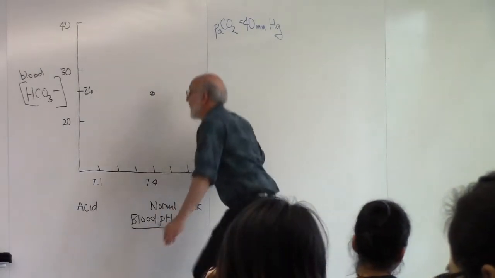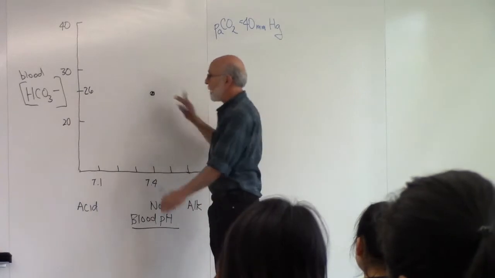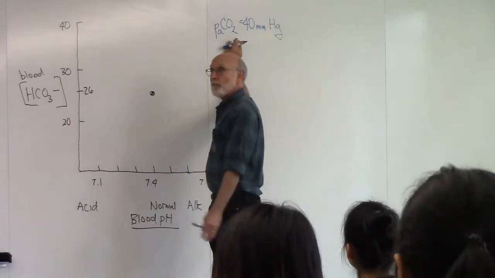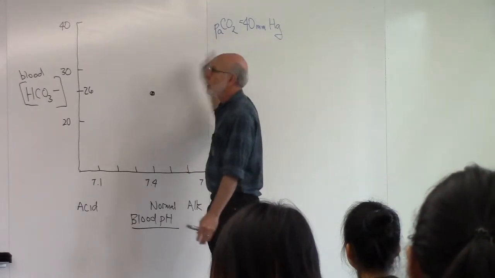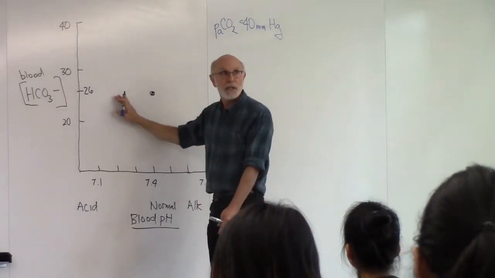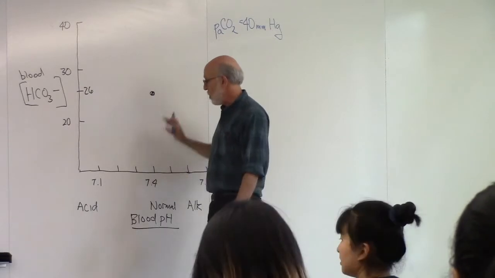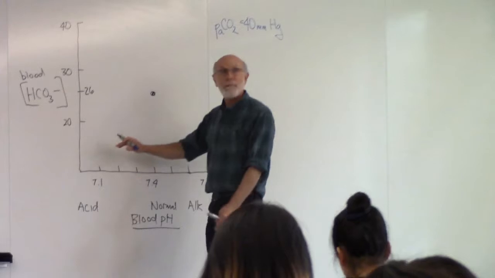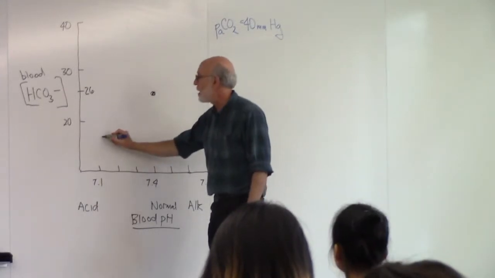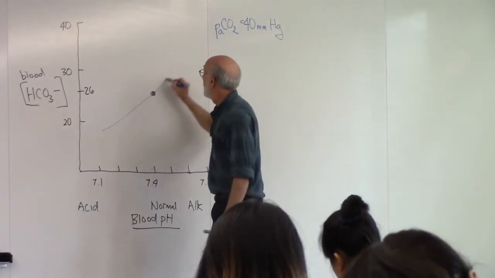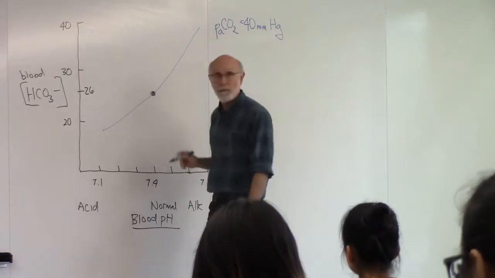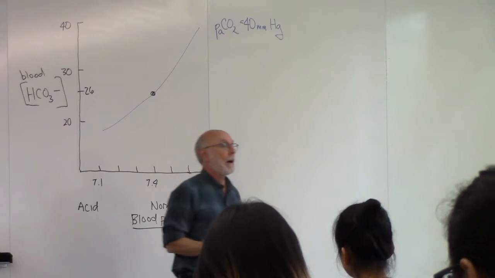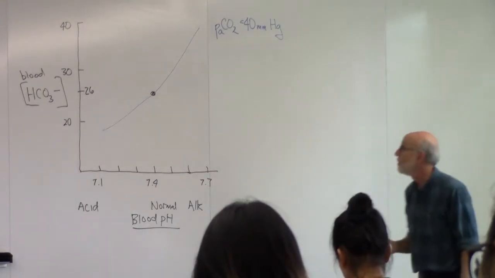So we have a normal point. The normal PaCO2 is 40. The normal bicarbonate concentration in plasma is 26. The normal pH is 7.4. That's a normal point. That point lies on a curve that is defined by that partial pressure of CO2.